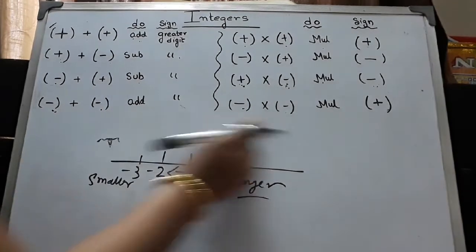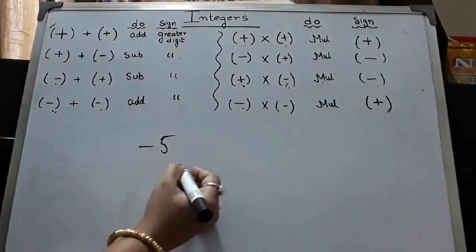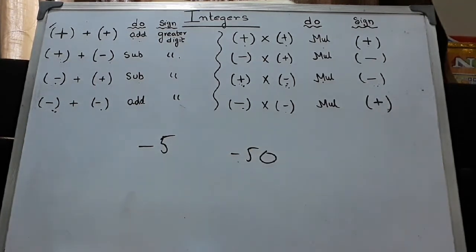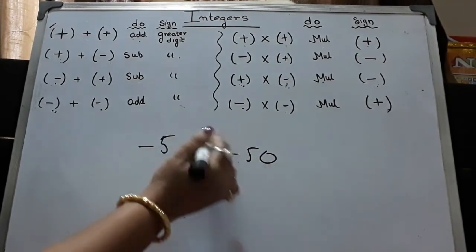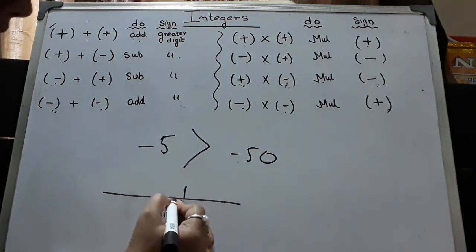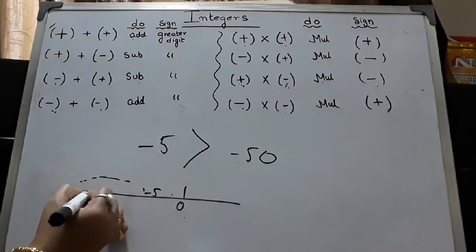So if I give you in integers, which is greater, minus 5 or minus 50? Don't think of the number 50 being there. Here minus 5 is greater, because first minus 5 comes, then after some time minus 50 comes.